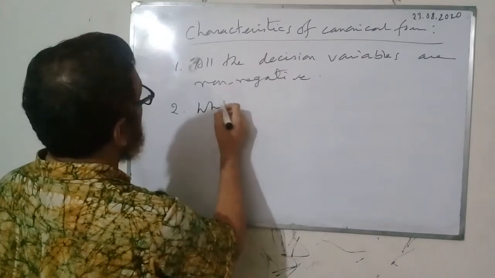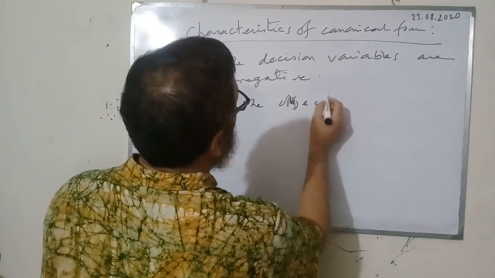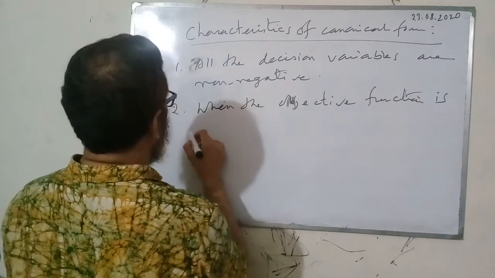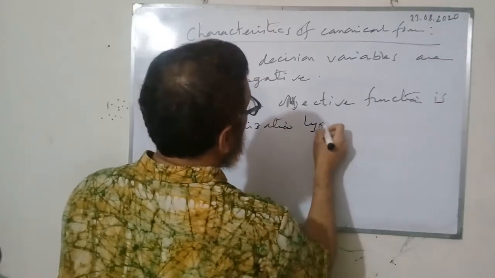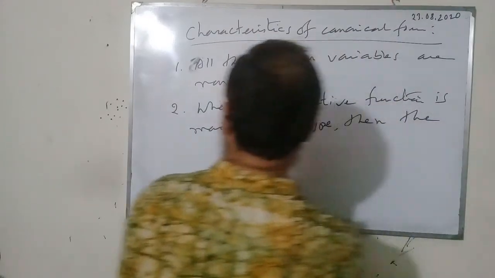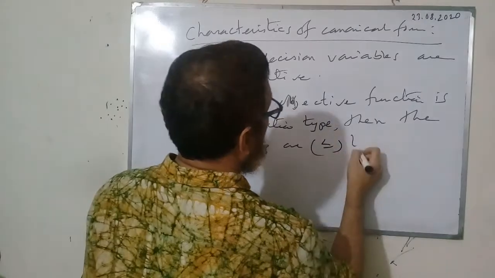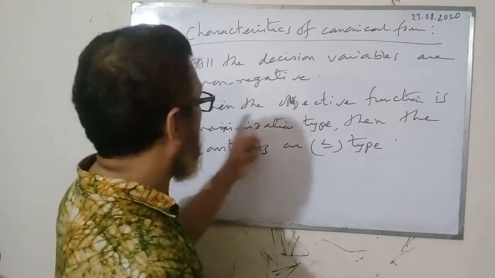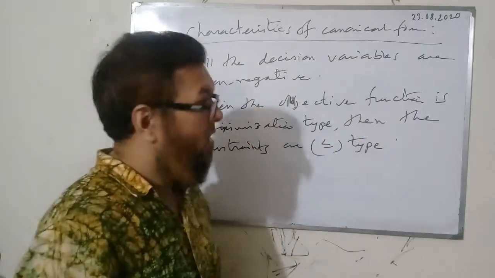Number 2, when the objective function is maximization type, then the constraints are less or equal type.